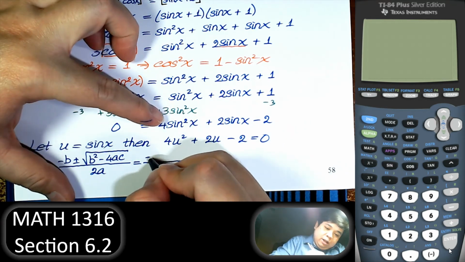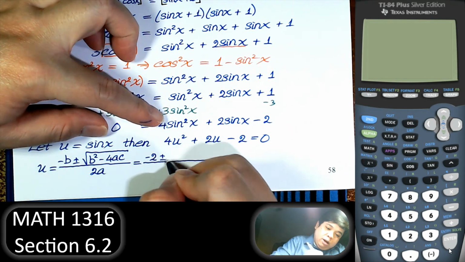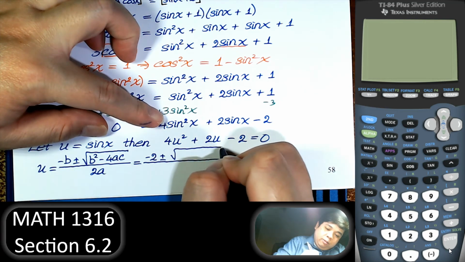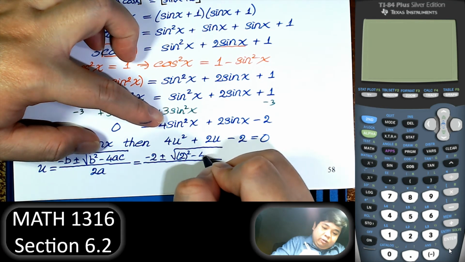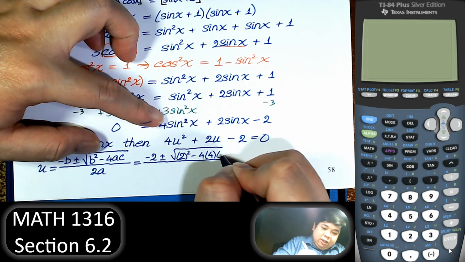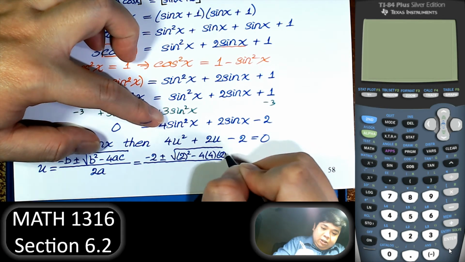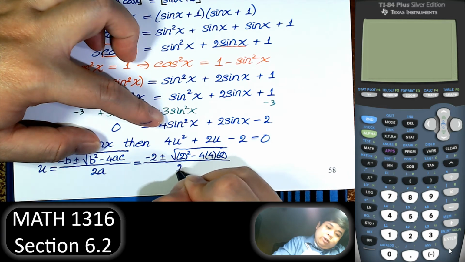Negative b, plus or minus the square root of b squared minus 4ac, over 2a.